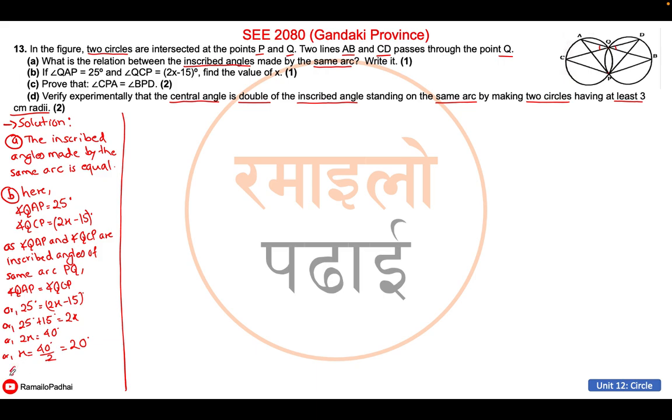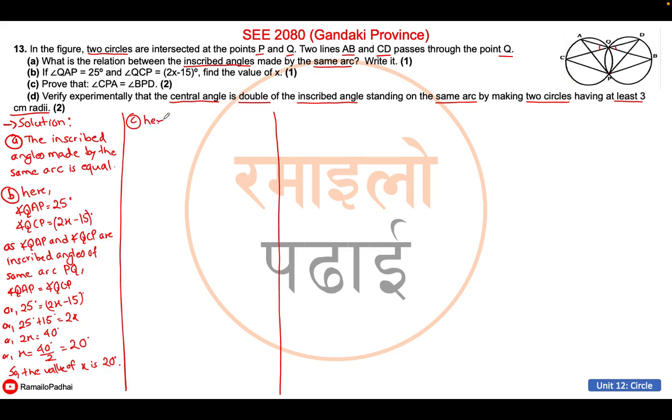So the value of x is 20 degrees. Fine. Now moving on to C, prove that angle CPA is equal to angle BPD.